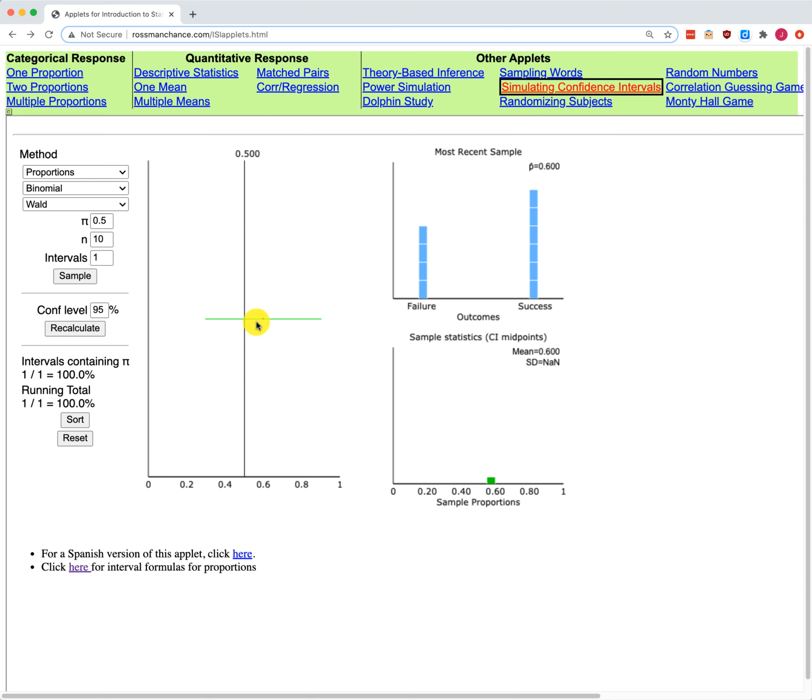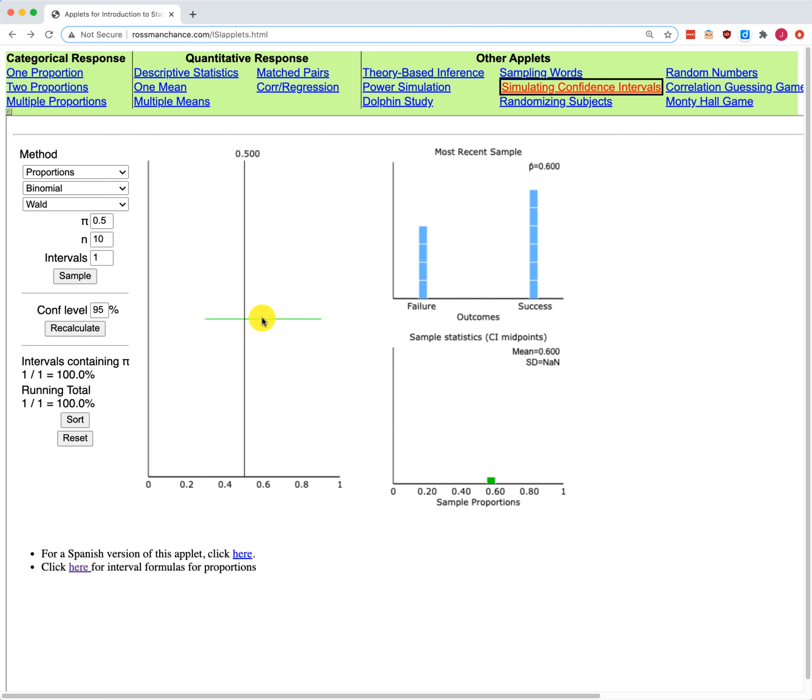These green lines represent the margin of error. You've added the margin of error to the sample proportion and come up with an endpoint, maybe 0.9-ish. And from your sample proportion, you subtracted the margin of error and came up with a lower endpoint, maybe about 0.3-ish or so. So the whole length of this green interval is margin of error plus margin of error. It's actually 2 margins of error.